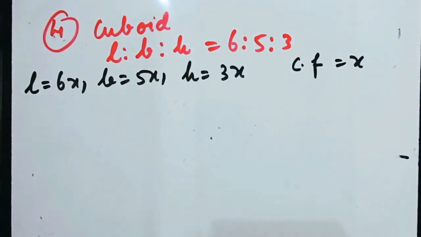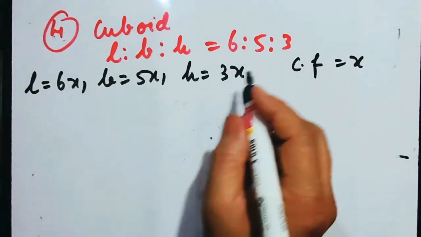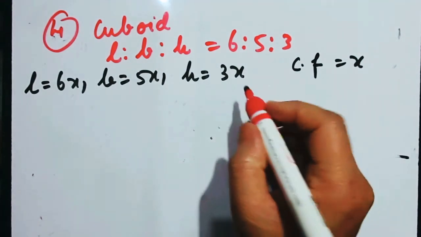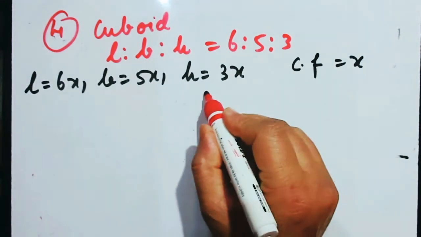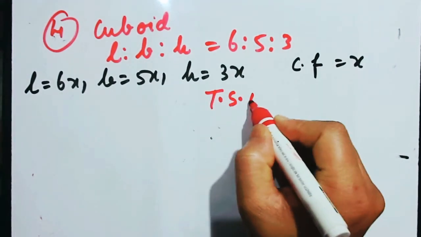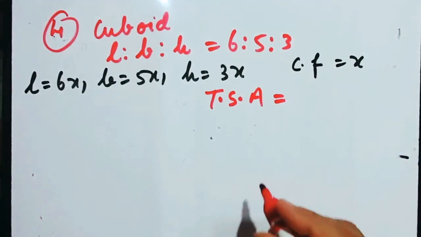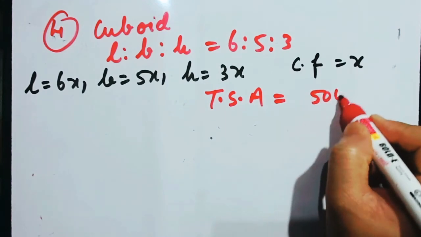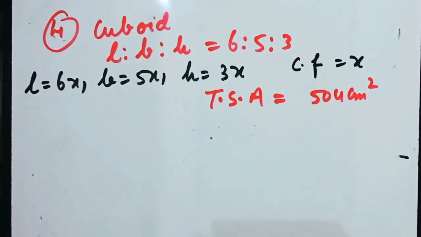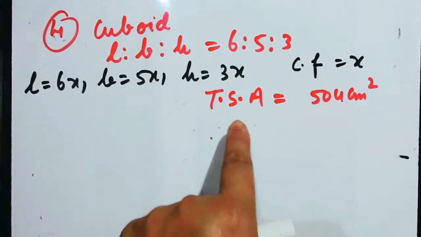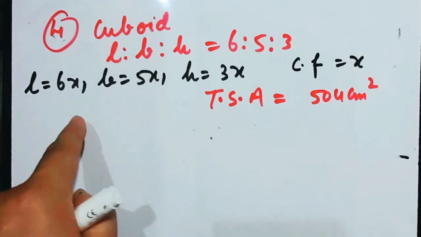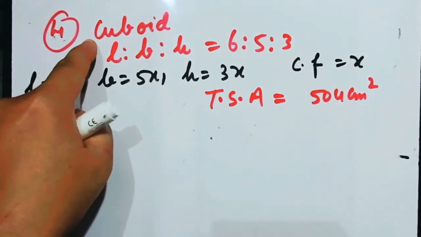Now they have given you the total surface area. This time they have not given you the volume, they have given you the total surface area as 504 centimeter square. So we will equate 504 with the total surface area of the cuboid.